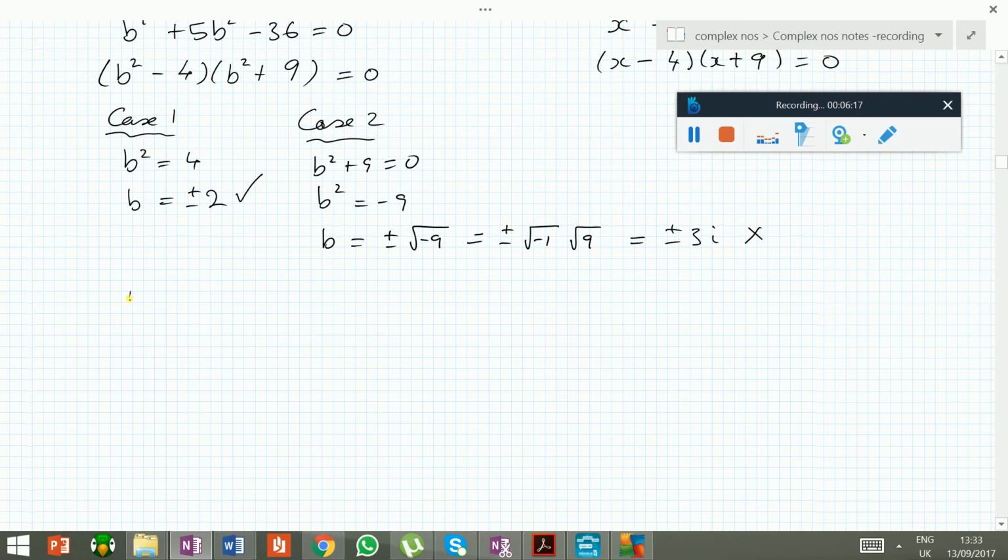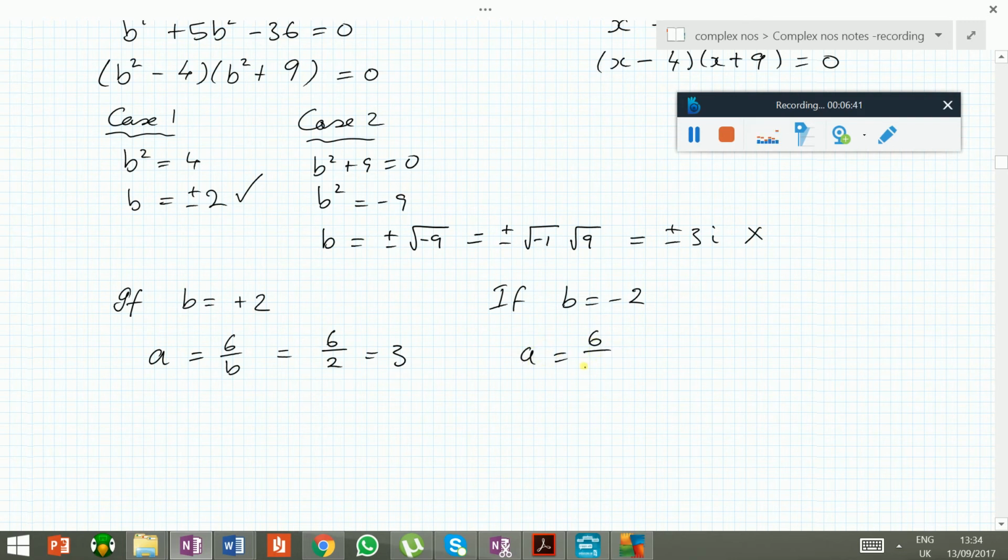All right, so if b is equal to plus 2, a is equal to, if you remember a back here, a was equal to 6 over b, and that's equal to 6 over 2, which is 3. Now, if b were equal to minus 2, you would get a equals 6 over minus 2, which is equal to minus 3.